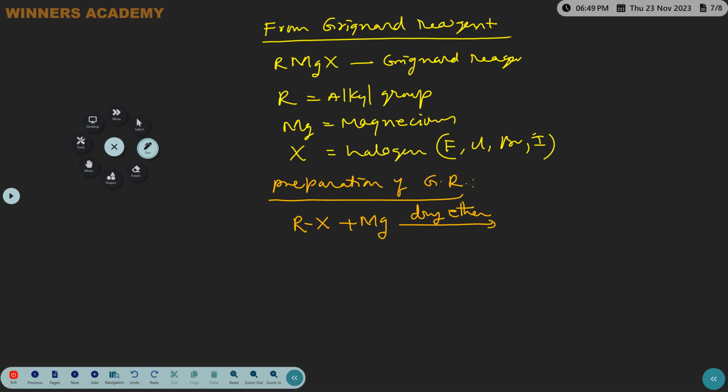As a result, what happens? RMgX is formed. This is the Grignard reagent. This is an alkyl halide, RX, the general formula. When an alkyl halide is treated with magnesium in the presence of dry ether, the RMgX Grignard reagent is formed.